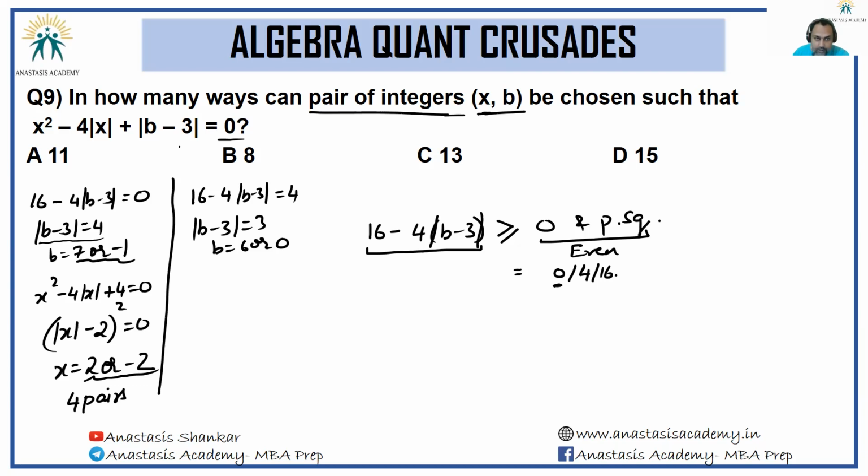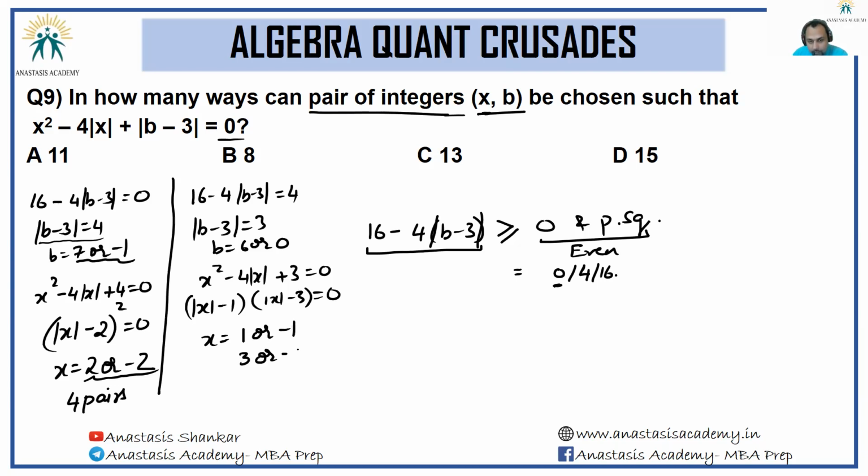Mod b minus 3 was equal to 3. So I've got x square minus 4 mod x plus 3 is equal to 0, which can be happily broken down into mod x minus 1 into mod x minus 3 is equal to 0. So x can now be 1 or minus 1 and 3 or minus 3.